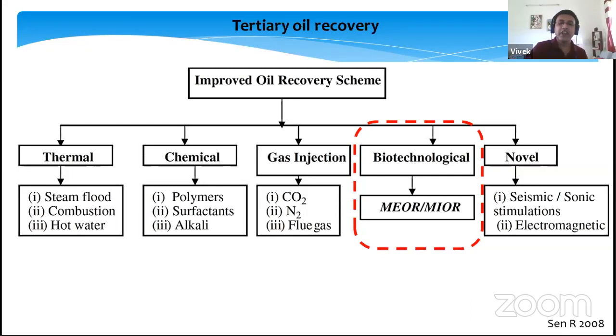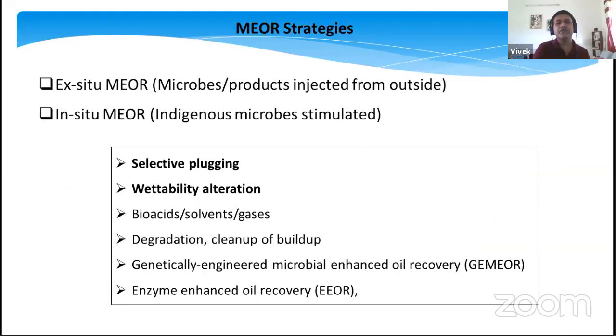We primarily adopt two types of enhanced oil recovery methods. The first is ex situ microbial enhanced oil recovery, where microbes or products of the microbes are injected from outside into the wells, and they play some roles which facilitate the recovery of the oil left unrecovered from the primary and secondary treatment operations.